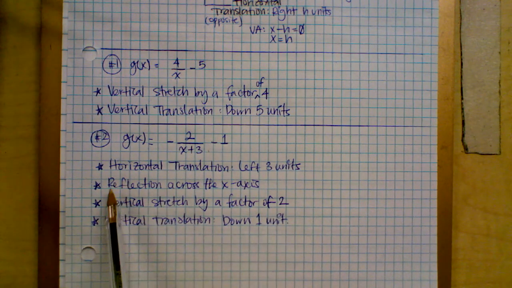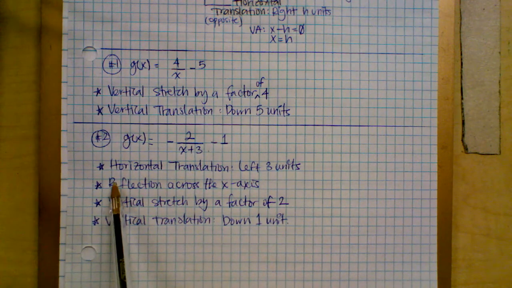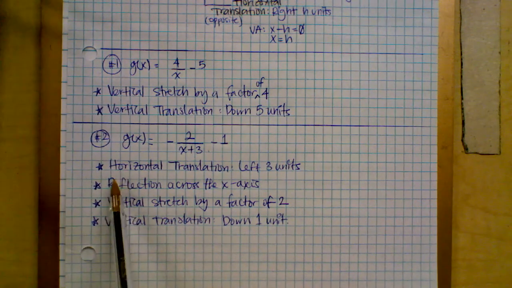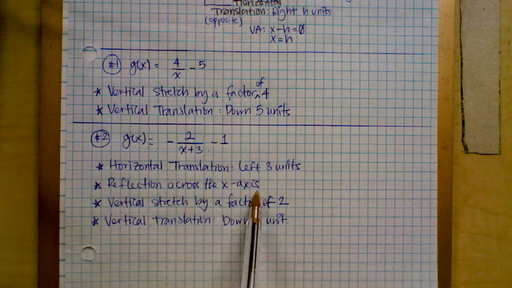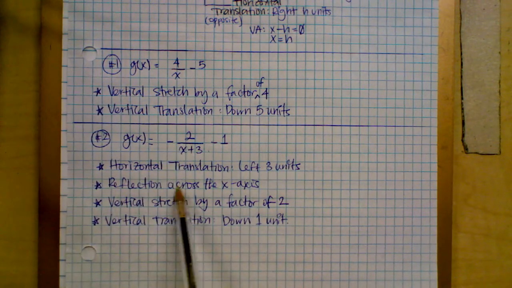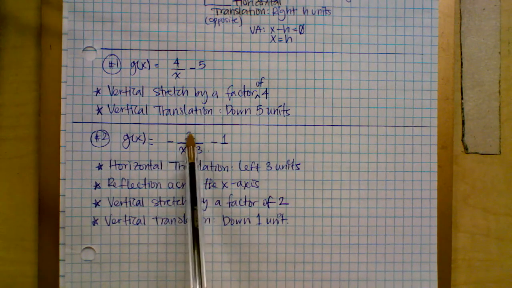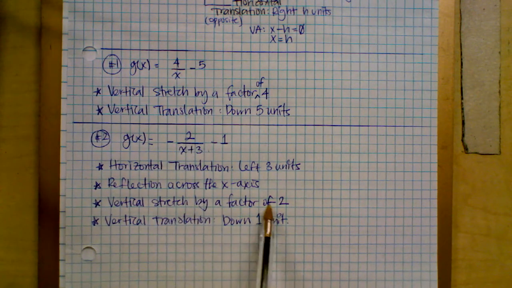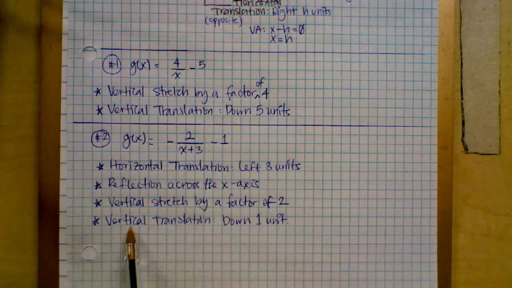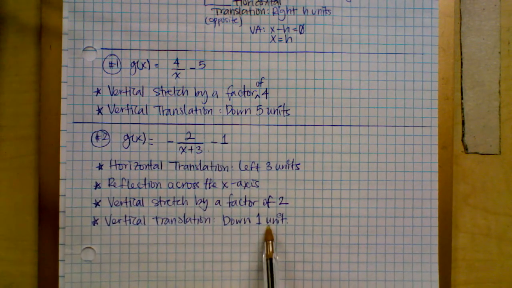If you wanted, you could have put the vertical stretch by factor 2 as transformation number 2, but you could have switched those 2 places with the reflection across the x-axis. So again, negative means reflection across the x-axis. The 2 means vertical stretch by a factor of 2. And again, the last transformation is a vertical translation down 1 unit.